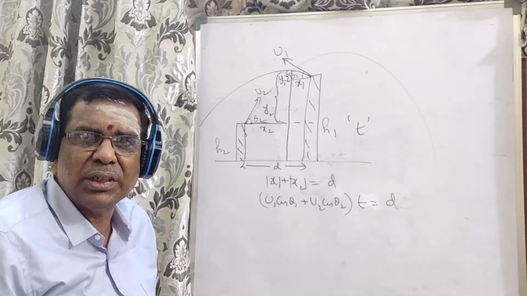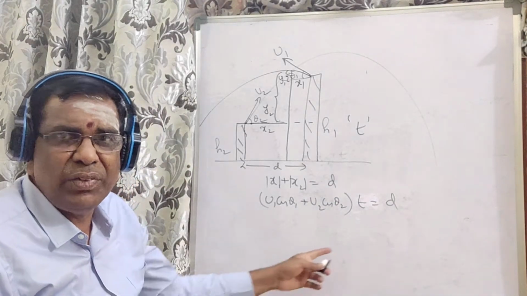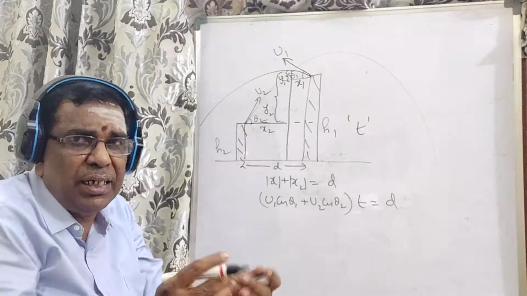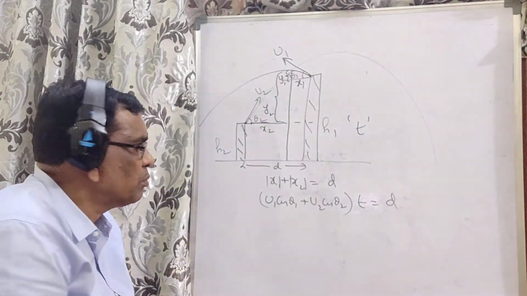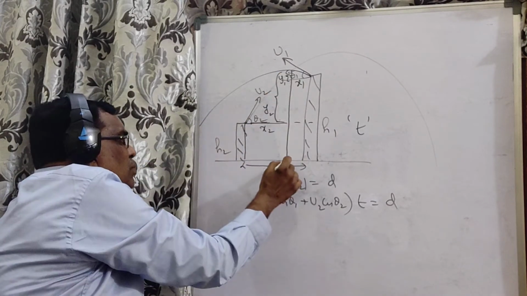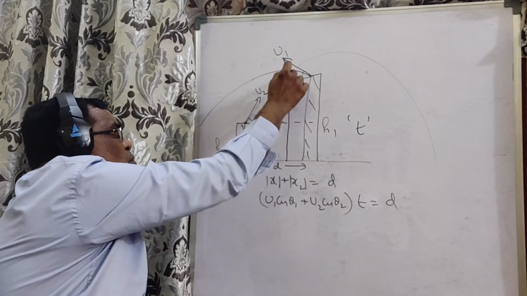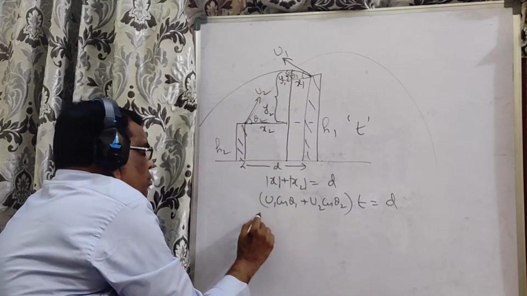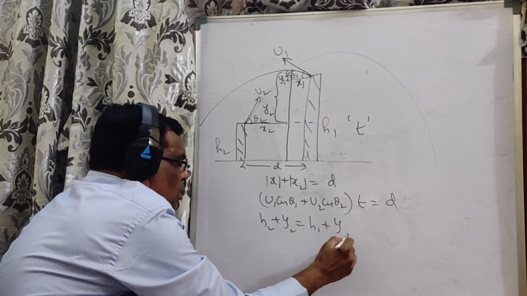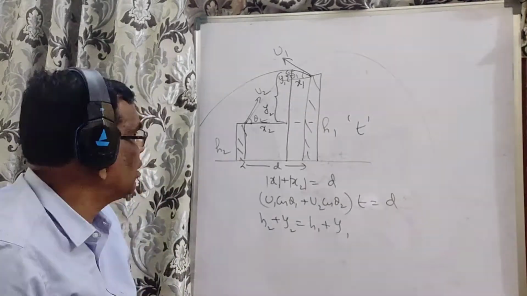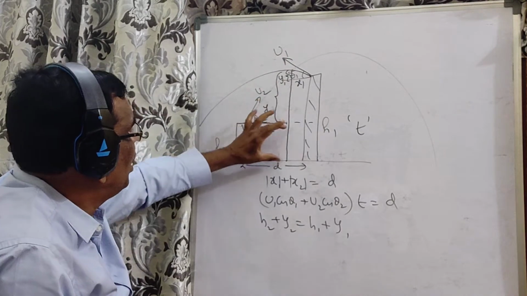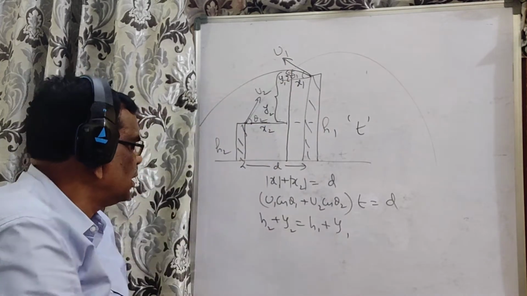These two equations. In this time, if it reaches, that is not enough. The y coordinate also must be the same in the same time. How do you write the y coordinate? Now you see that this point's height from the ground is h2 plus y2. It should be equal to h1 plus y1, because this is the same. h1 plus y1 or h2 plus y2, both are the same.